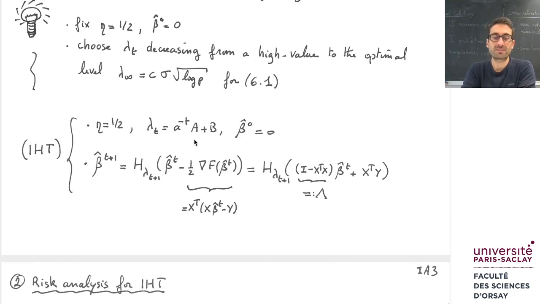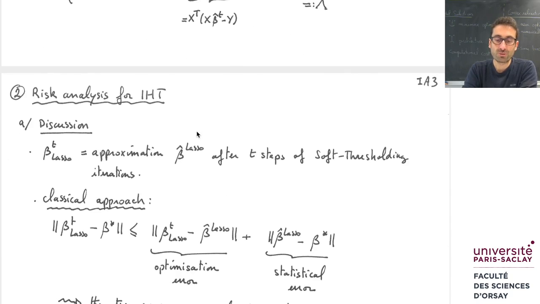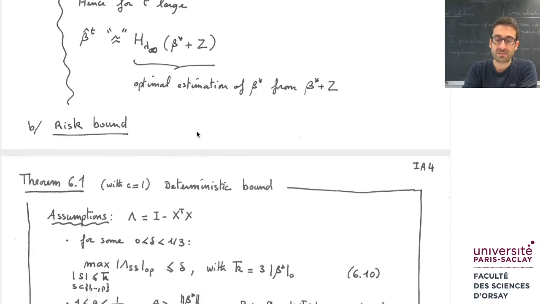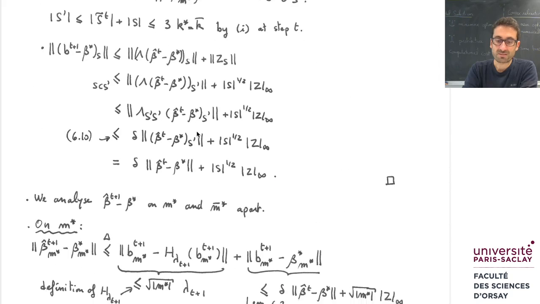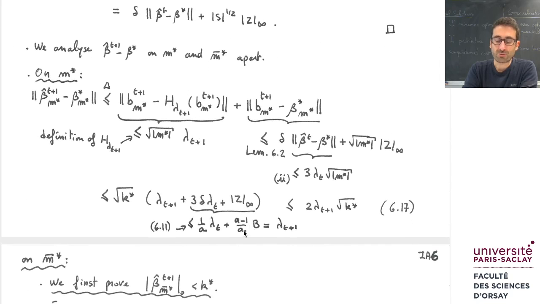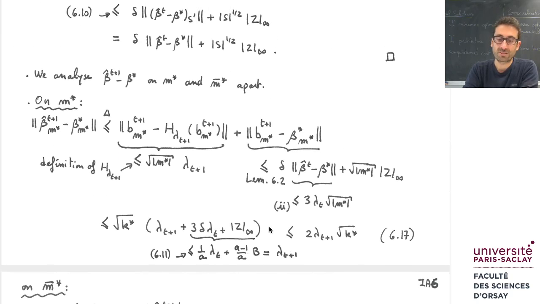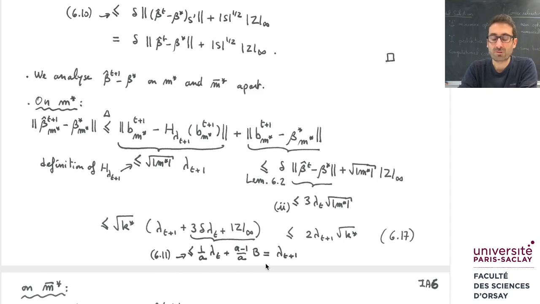So it fulfills some recursion, lambda t plus 1 equals 1 over a times lambda t plus B times a minus 1 over a. So you have this recursion of order 1. So at the end, we have twice lambda t plus 1, so we have this bound, which is 6.17 in the lecture notes.